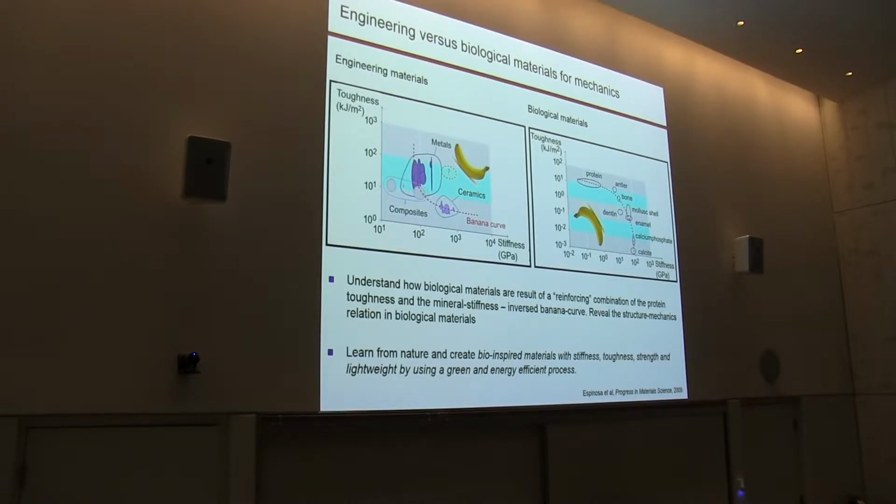It means they are either tough or very stiff, but it's difficult to have a good combination of those exclusive mechanical features. So is there any way we can explore the mechanisms in those biological materials and apply that knowledge to our own designs and make new materials that have stiffness, strength, toughness, as well as light weight for our broad engineering applications? That's my motivation to study those biological materials.